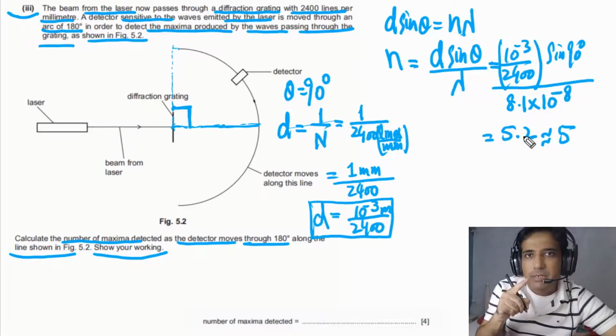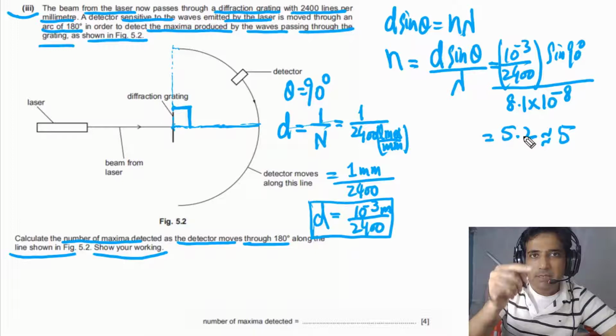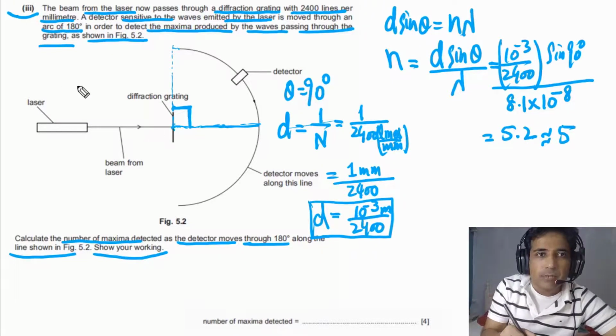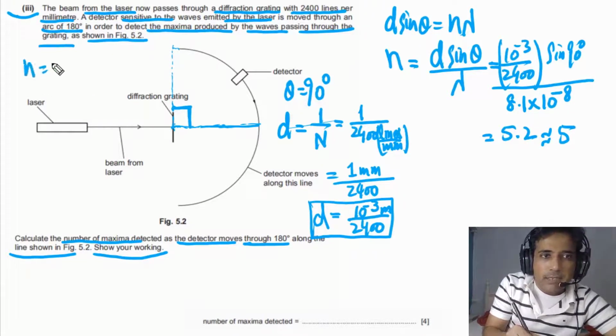So you need to understand number of fringes cannot be 5.2. Number of fringes can be 1, 2, 3, 4, 5, 6, 7, 8, but it has to be an integer. They cannot be 5.2, so it has to be 5. Let me give you one example. Let's say we got n is equal to 5.8. Again, you have to consider 5.